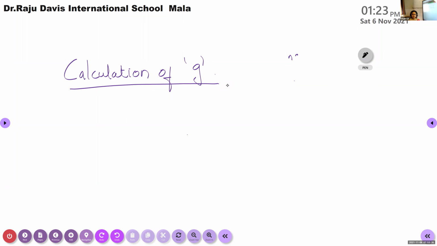Here we consider the Earth. Let M be the mass of the Earth. Let M equal 6 into 10 raised to 24 kilogram be the mass of the Earth.